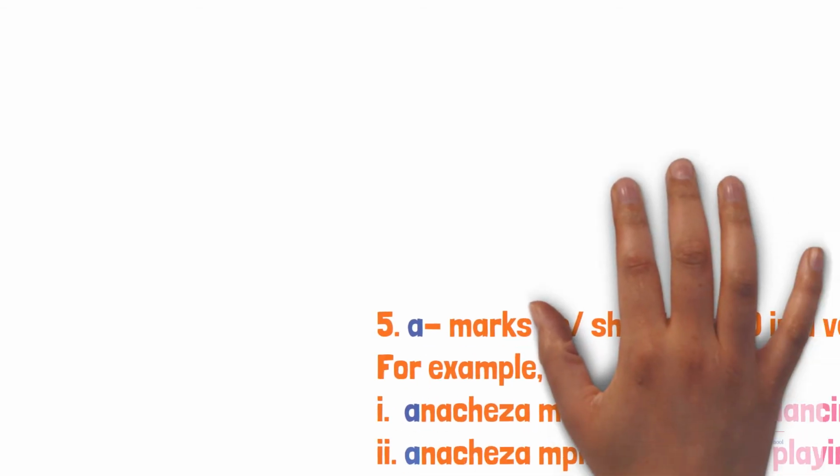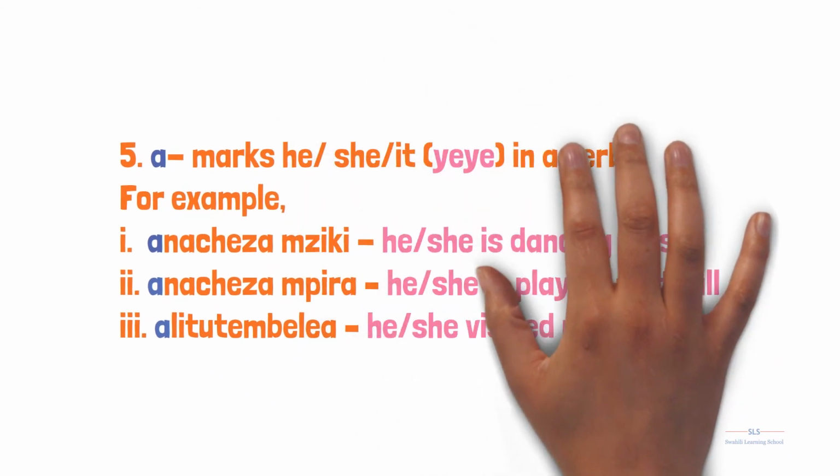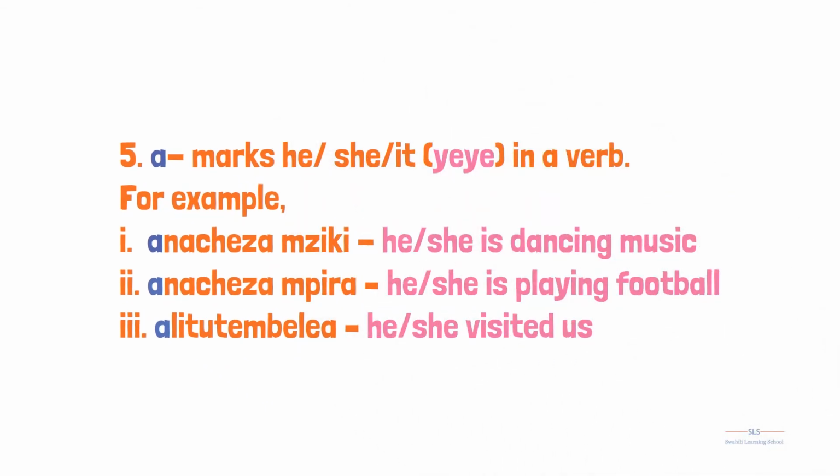Then number five, which is a. A marks he, she, or it, which means yeye, in a verb. For example, anacheza muziki. He or she is dancing to music. Anacheza mpira, he or she is playing football.